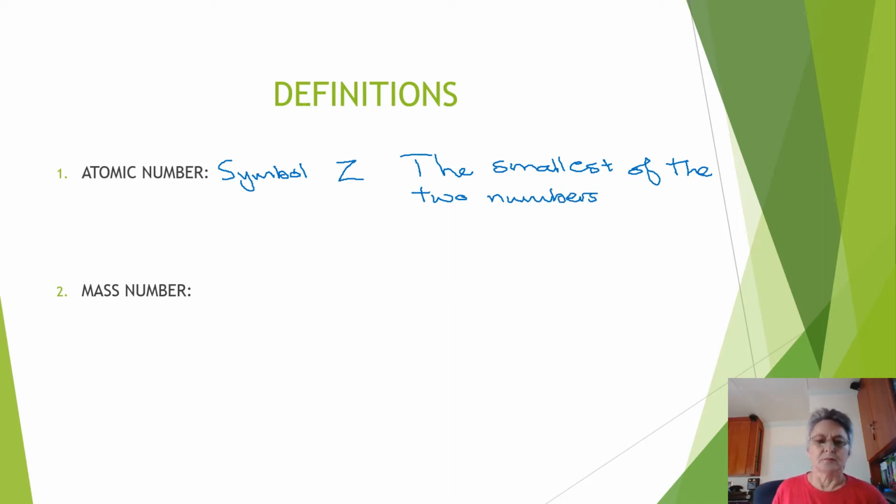The second number is the mass number. The symbol is an A, and it is usually the larger of the two.